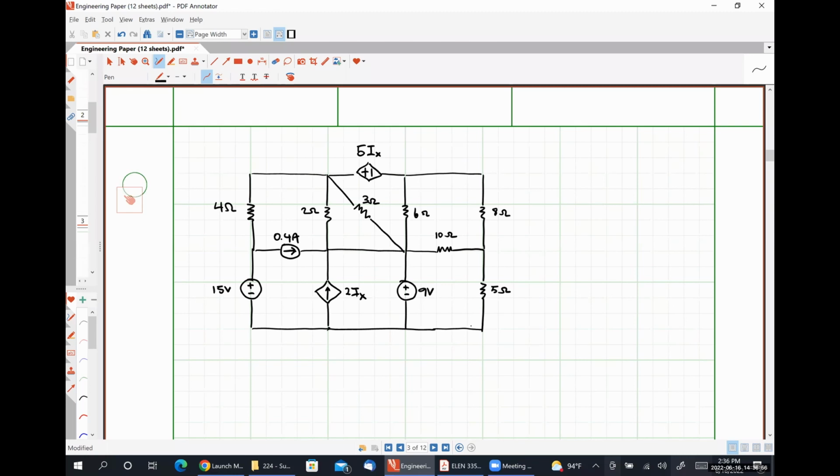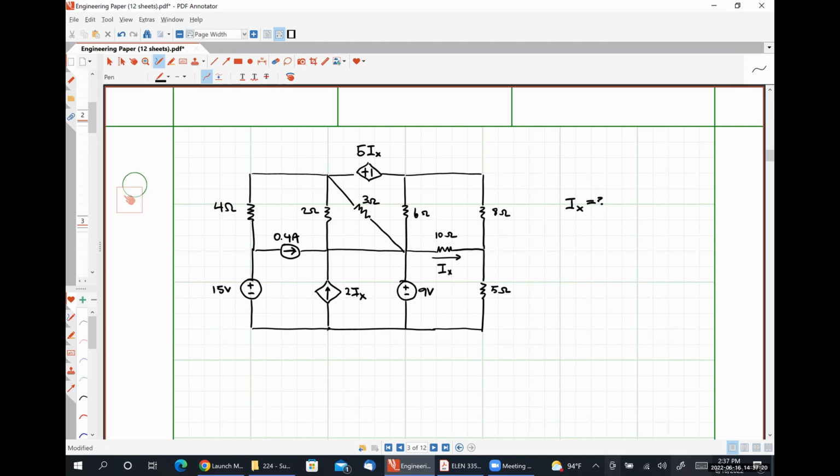So this is the circuit that we are going to try to analyze, and our ultimate goal in this one will simply be to determine the current IX, where I'm going to define IX to be the current flowing to the right through our 10 ohm resistor.